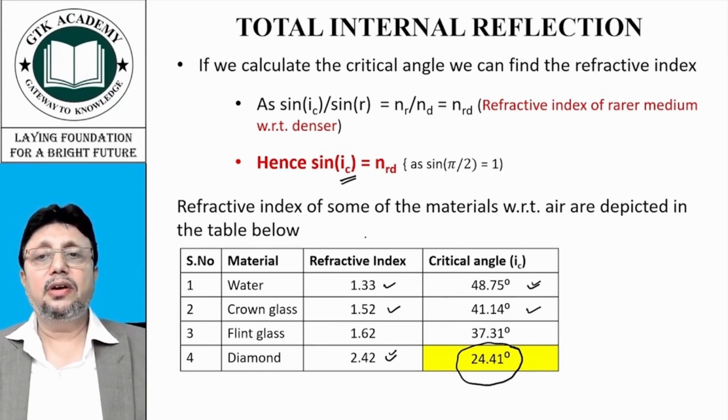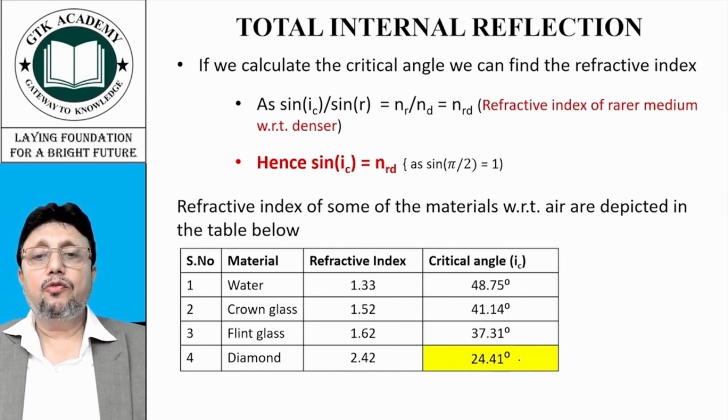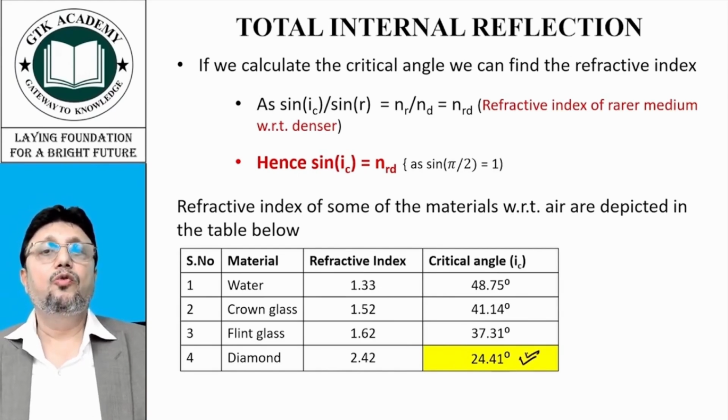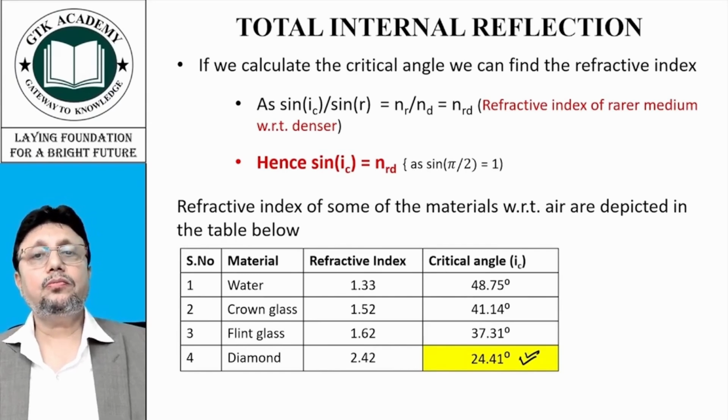So these are refractive index of material with respect to air. So this is the property of diamond which is used to produce glitter. We'll see how.